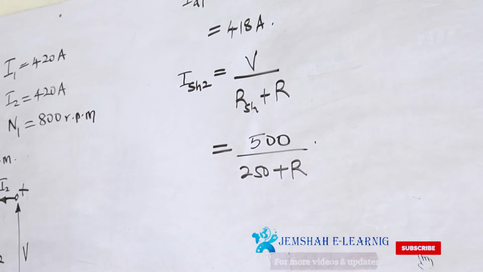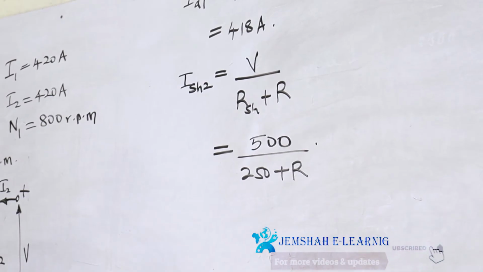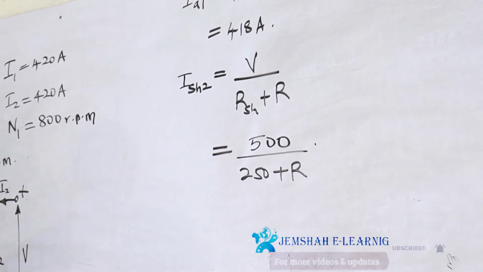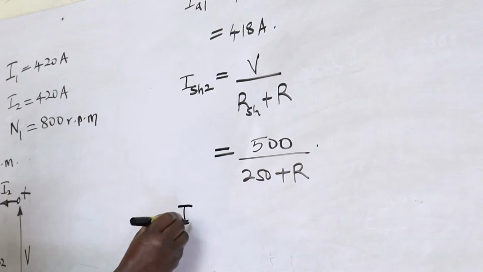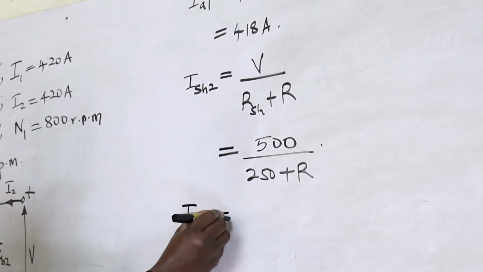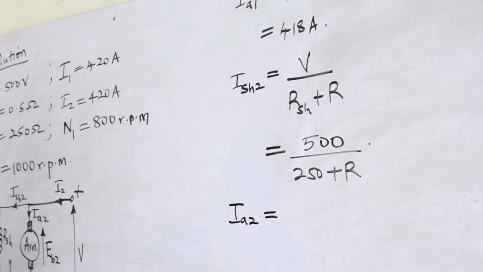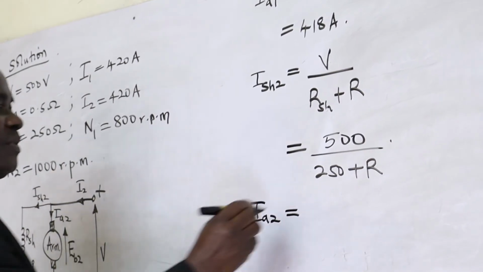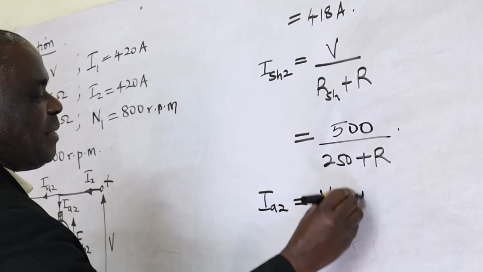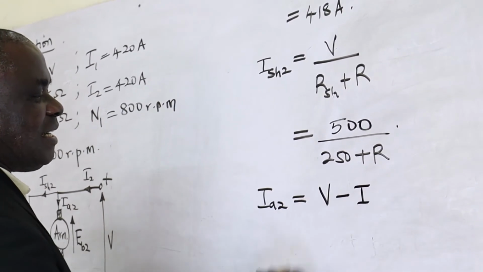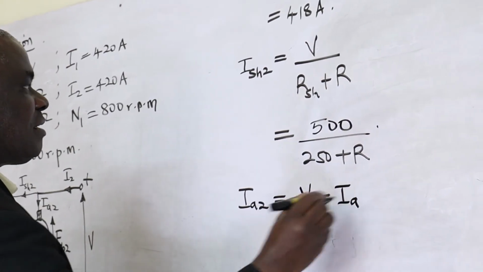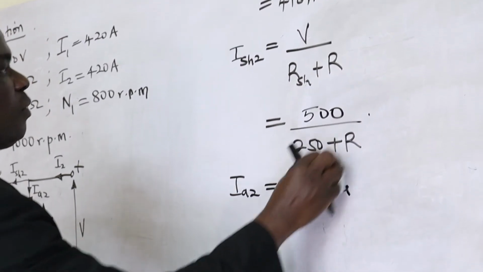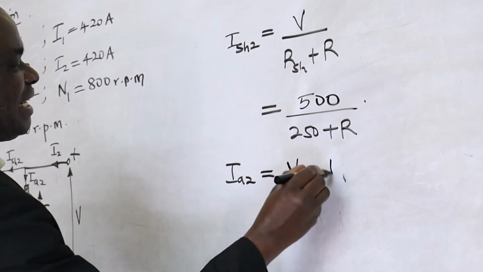With I shunt 2 ready, we can now get IA2.